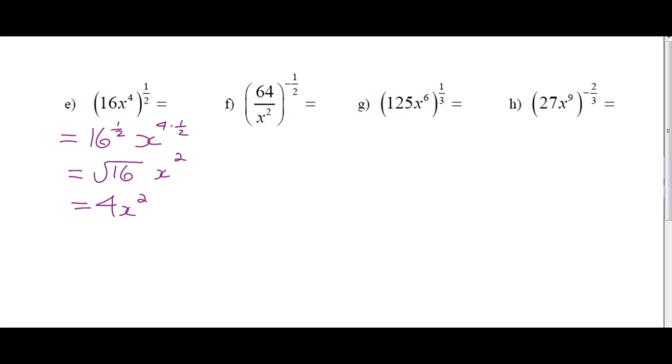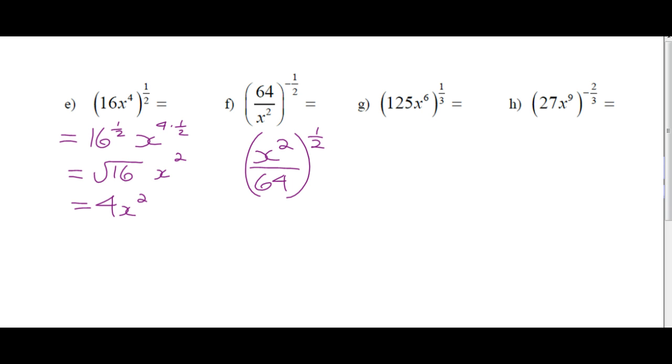Now, there's a little trick we can do with one of these. When we have a quotient to a negative, here's how we handle it. What I'm going to do is just flip this, and then I can change that to a positive. So instead of going 64 to the negative half over x squared to the negative half, you just say, hey, if I have a quotient to a negative exponent, I flip the quotient, and then I can change the exponent to positive, right?